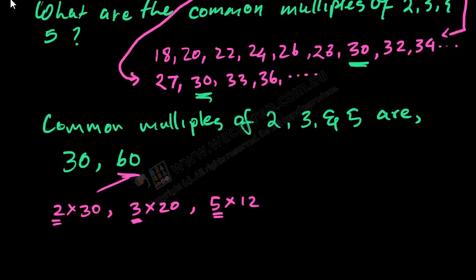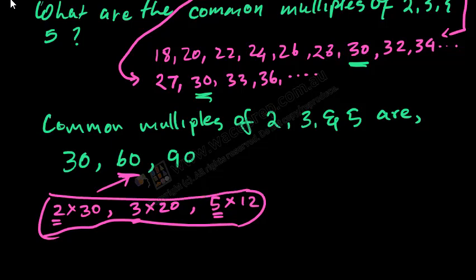Now it seems that any multiple of 30 could be a common number between 2, 3 and 5. How about 90? Before we do, we're going to put a bracket here just to show that all of these numbers were for 60.